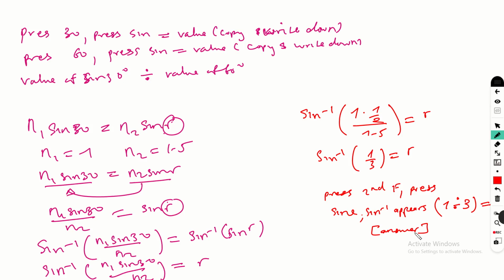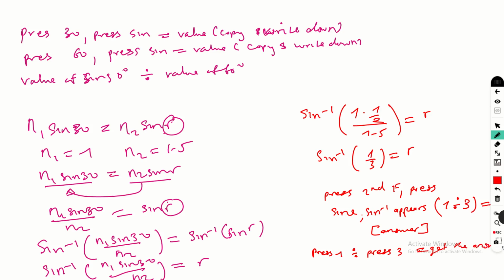In the other calculator, it's very long. For the other calculator, you have to do 1 divided by 3 first. So you press 1, press division, then press 3, and get the answer.